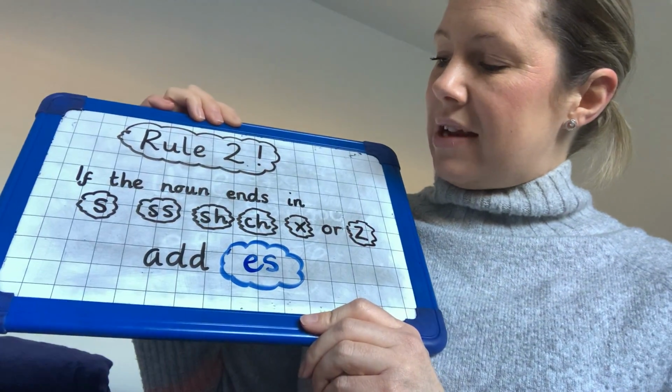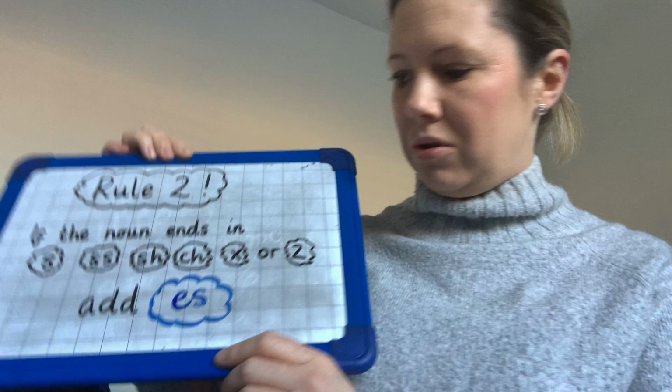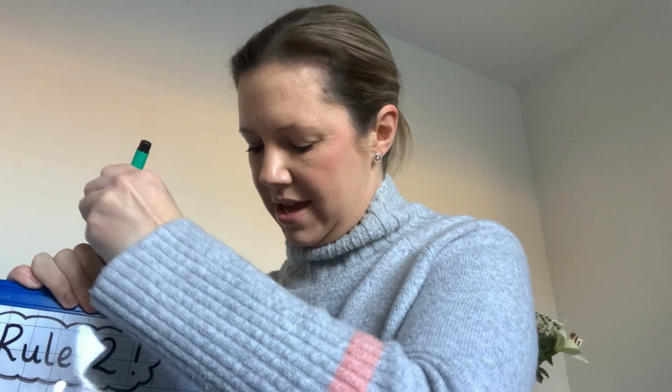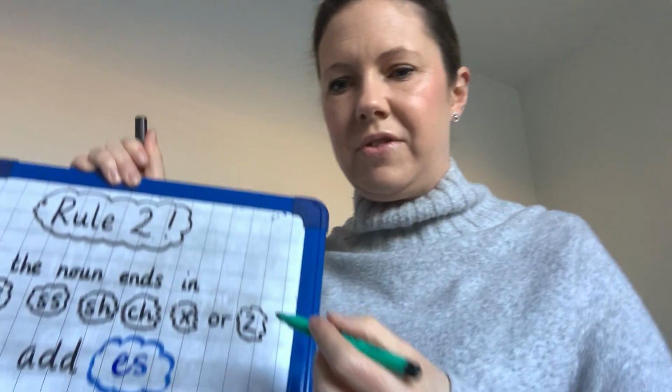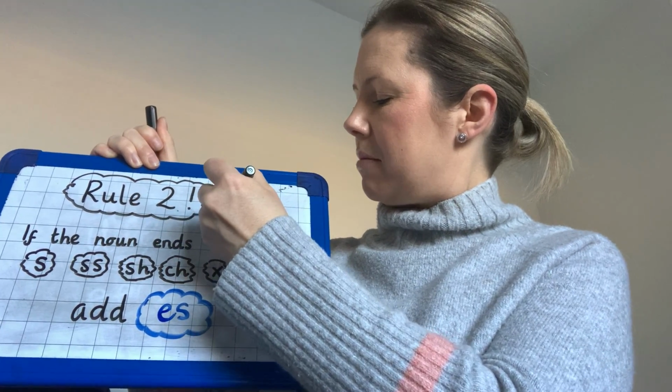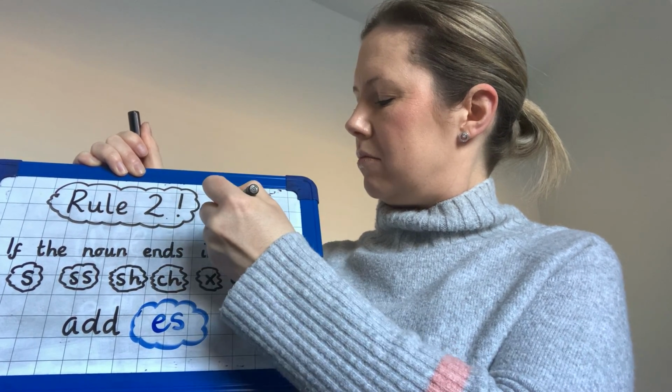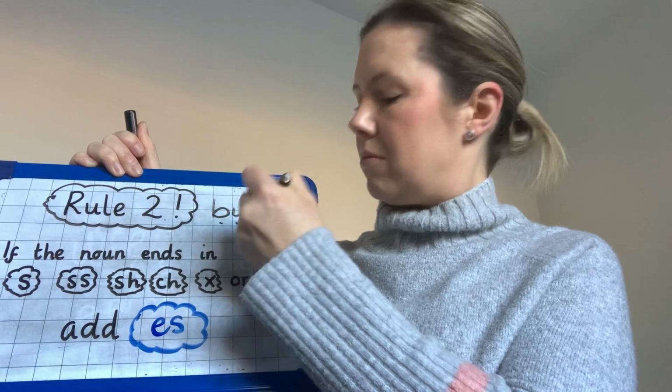Okay, so let's have a little explore of some words then. Let me see if I can find my pen. Okay, if you can see here, I'm going to make the word, what does that say?